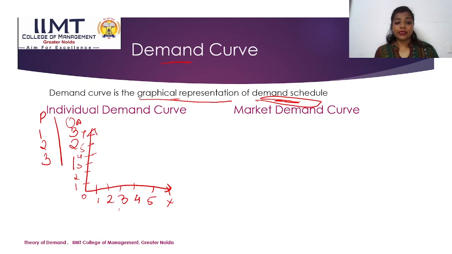On the x-axis, we'll name it quantity demanded and our y-axis will be our price side. So at price 1, the quantity demanded is 3. At price 2, the quantity demanded is 2. And at price 3, the quantity demanded is 1.